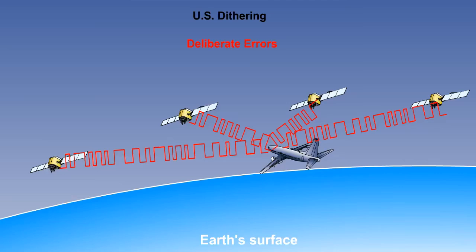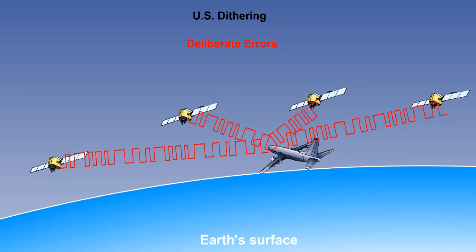There used to be an intentional error introduced by the United States Department of Defense called selective availability. Its purpose was to deny a potential enemy the extreme accuracy afforded by GPS by introducing random errors, known as dithering the SV clock time. It was about 100 meters.